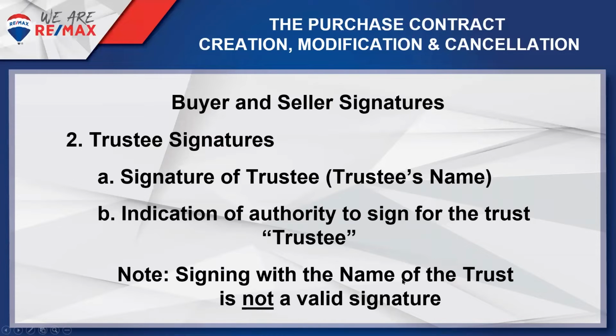Now, here's a little quirk in zip forms. For seller, put the name of the trustee, then a comma, and then trustee after it as the seller, even if the property's held in title in the trust. The seller is still the trustee. That is legally correct. And here's the beauty. If you put the name of the trust as the seller, as the owner of the property, that trust name will appear on every place where the seller is supposed to sign a document.